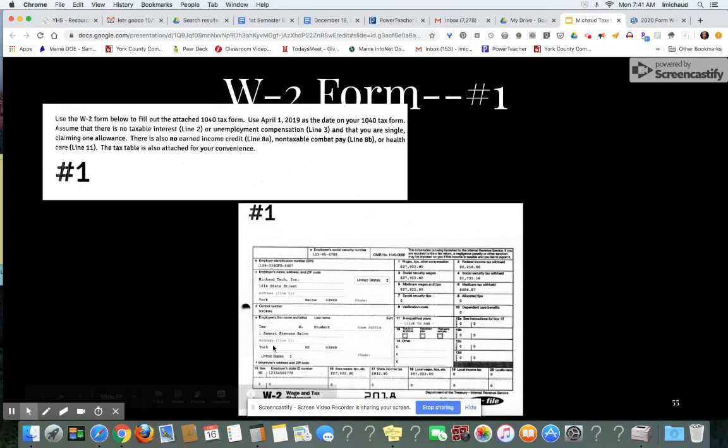You will notice the person's name in this section here, wages in box 1, federal income tax in box 2, Social Security withheld in box 4, and state income tax in box 17. You will need this W-2 statement in order to fill out your income tax.